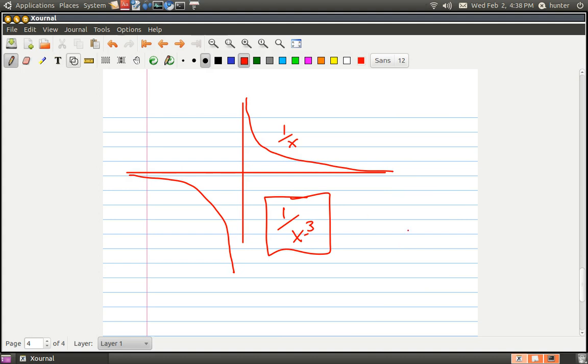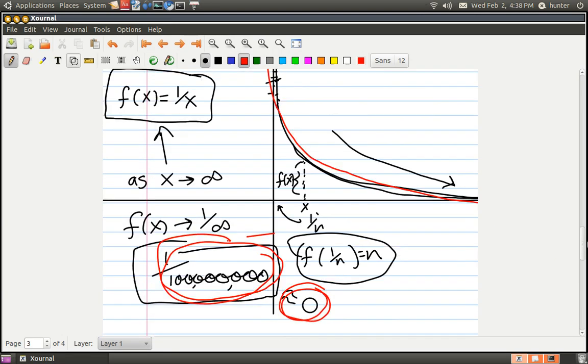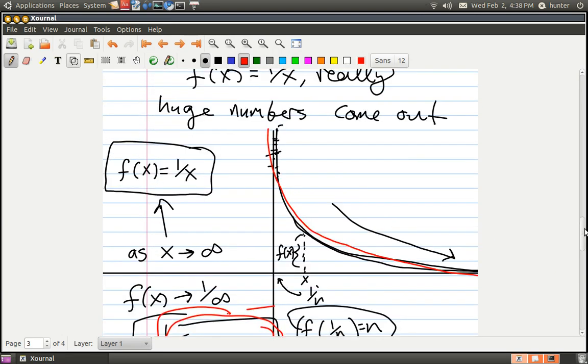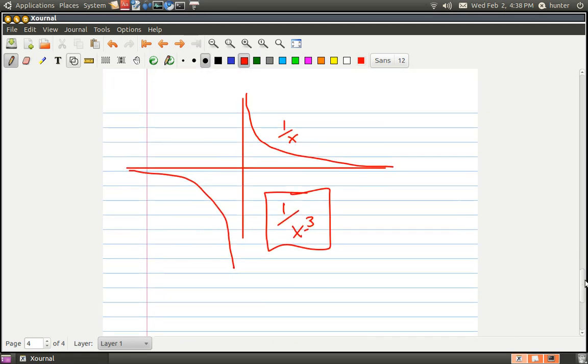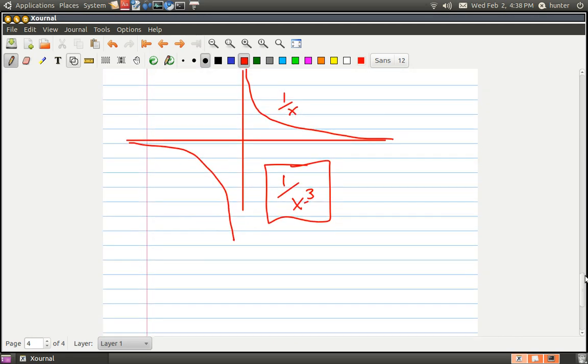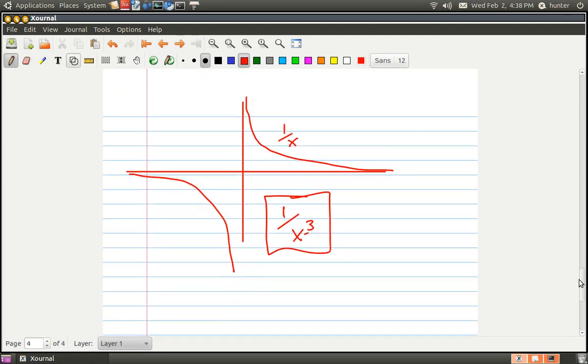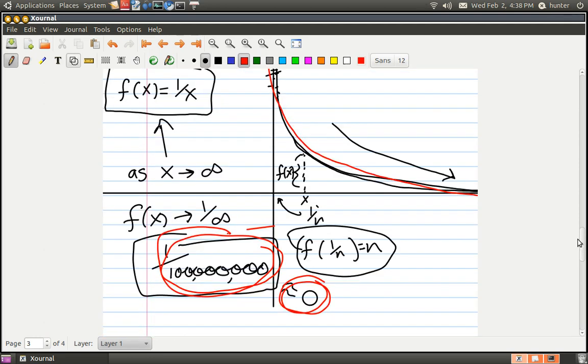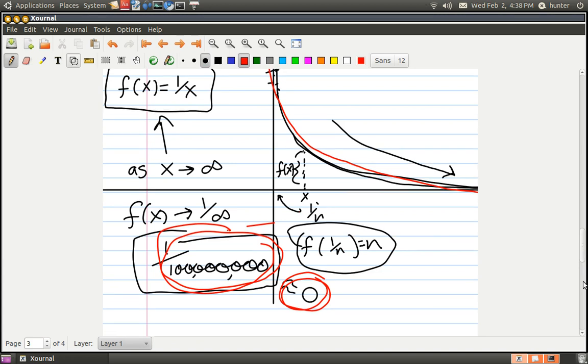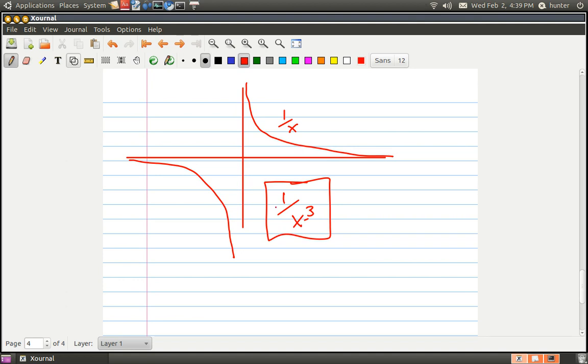I'm going to show that 1 over x cubed looks basically the same as 1 over x. And why? Because the argument that I gave up here for why 1 over x looks the way it does, everything I said about 1 over x is also true for 1 over x cubed, right? Both those things are true. As x goes to infinity, 1 over x cubed goes to 0. And as x goes to 0, I put in these 1 over n's.